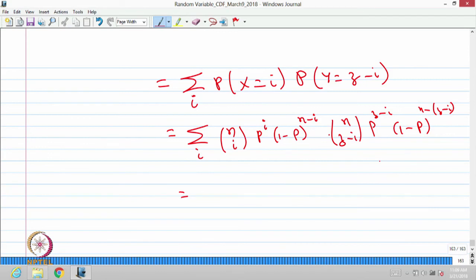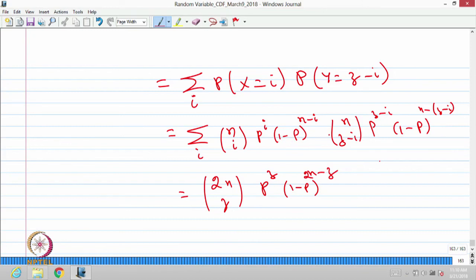So, you can do some simplification, and after simplification you get the result, that is 2n C z, p power z, 1 minus p power n minus z. Yeah, sorry, it is 2n minus z. The p power i and p power z minus i combine, you will get p power z.